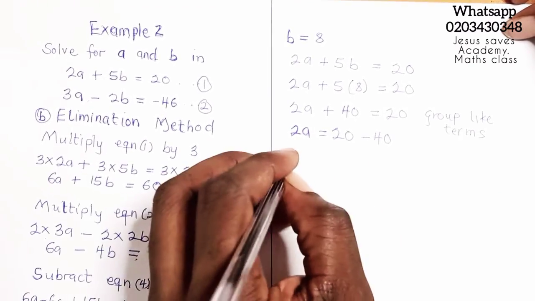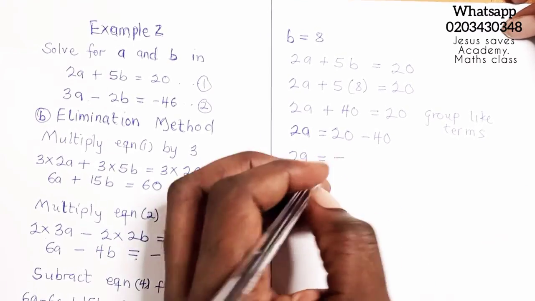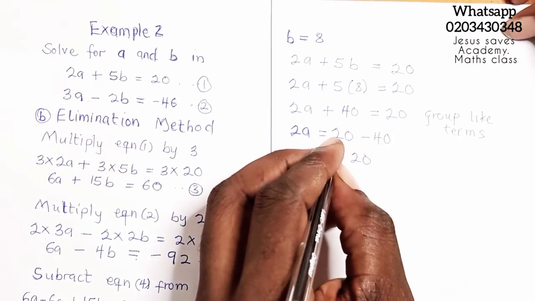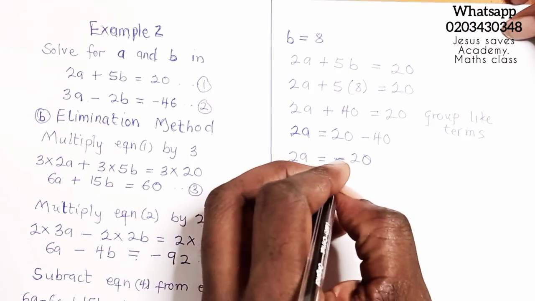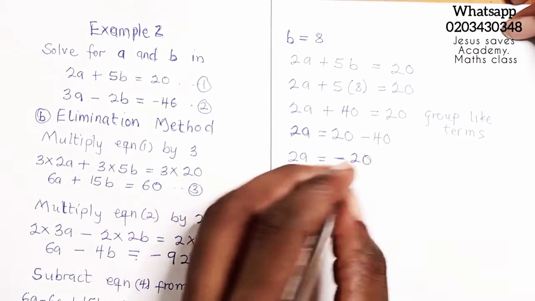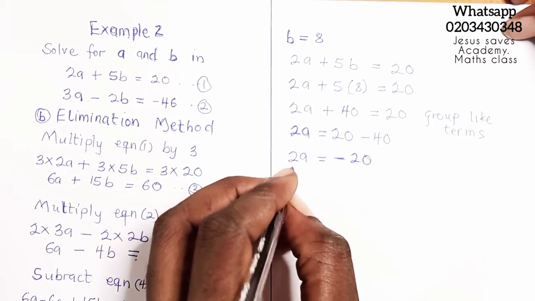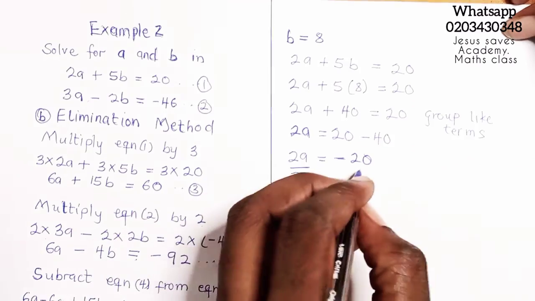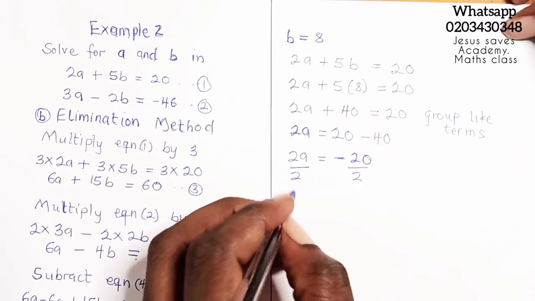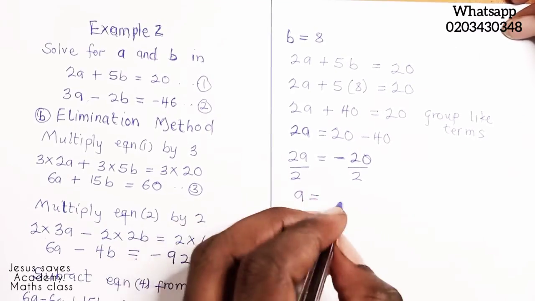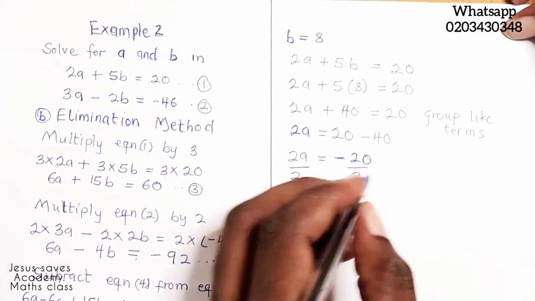So now we simplify the equation. 20 minus 40 will give us negative 20, not 20, negative 20, because this side is bigger than this side. So we divide both sides by 2. Then we have a equals negative 10. 2 going into 20 is 10 times.